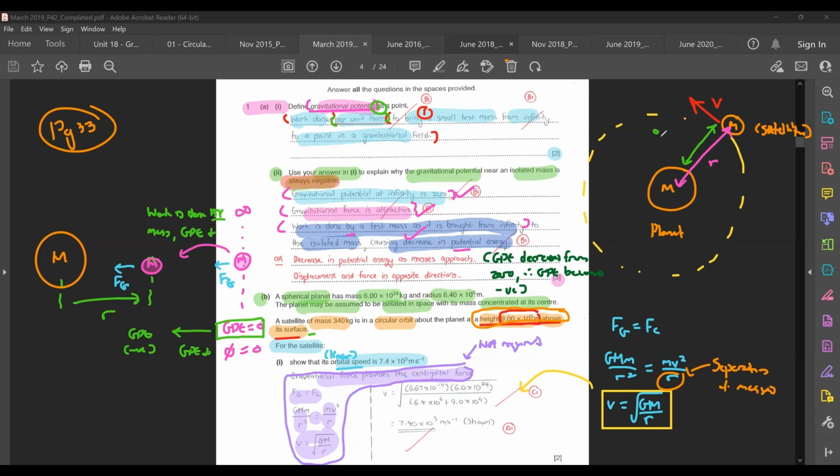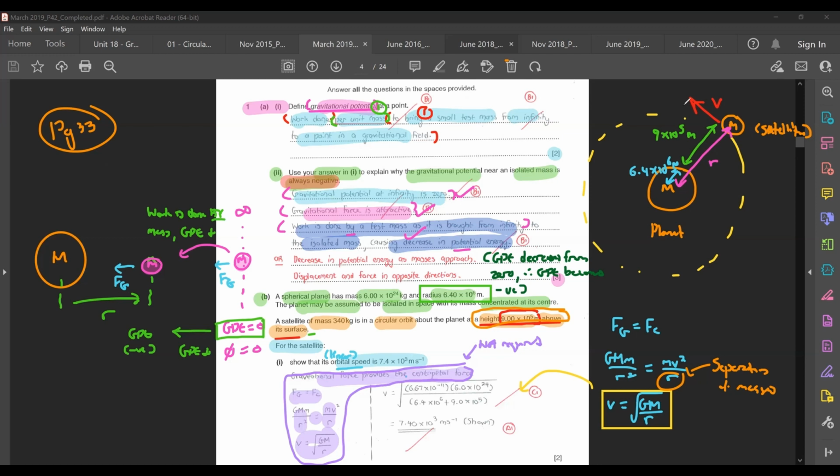You still need to add up the radius of the planet in order to get your total, in order to get the separation between the masses. They did give you the radius of your planet right over here. They told you 6.4 times 10 power 6. So if you were to add your radius, your radius is 6.4 times 10 power 6 meter.